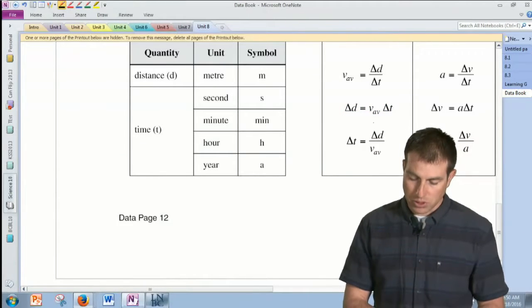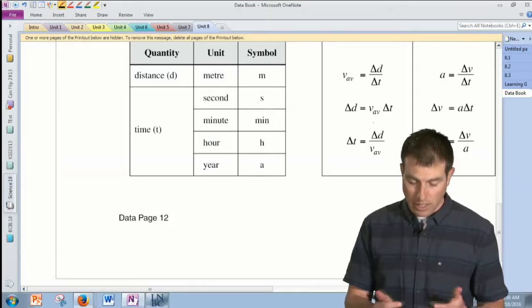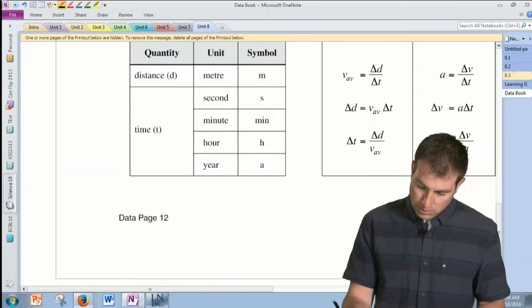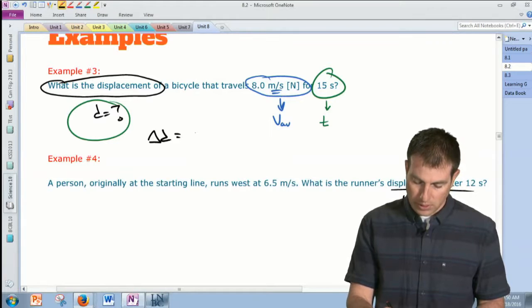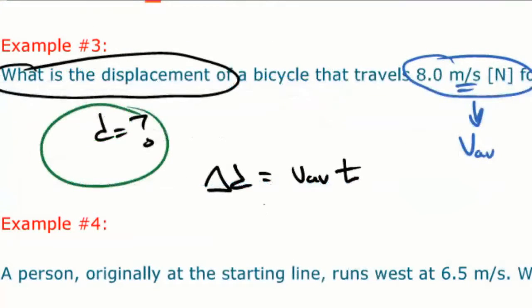Change in d, or change in position, is the average velocity times the time. So change in position is the average velocity multiplied by time. Or if you just want to simplify this and lose all the nonsense, distance is velocity times time.